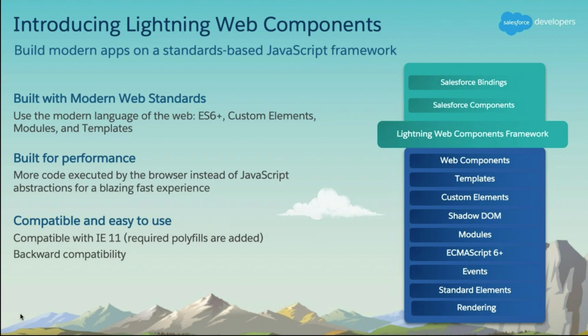But if you run it on an old browser, we add the required polyfills so that your component executes on IE11 as well. The only difference being, if your browser is built for modern web apps, you get all the benefits of the modern framework. But if we add the polyfills, you might not get all the performance benefits, but you as a developer don't have to worry about compatibility issues.